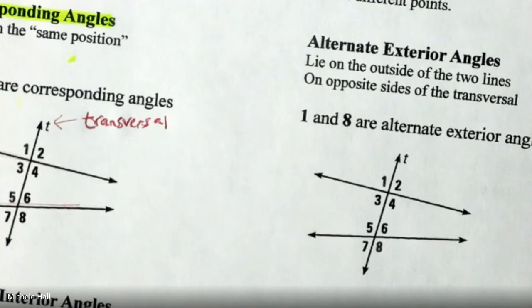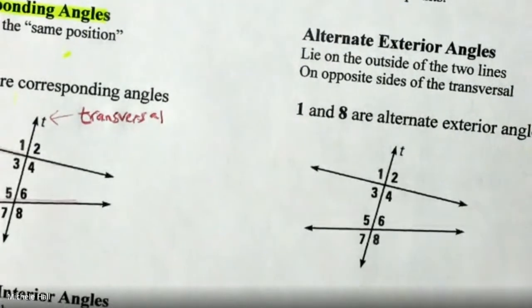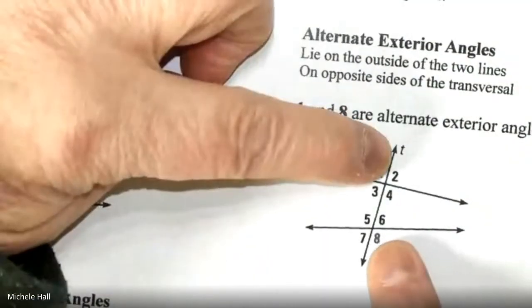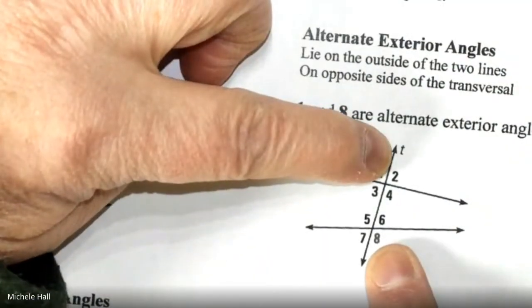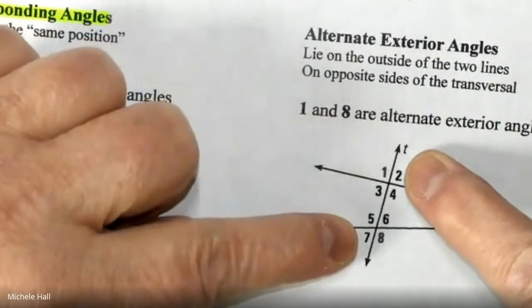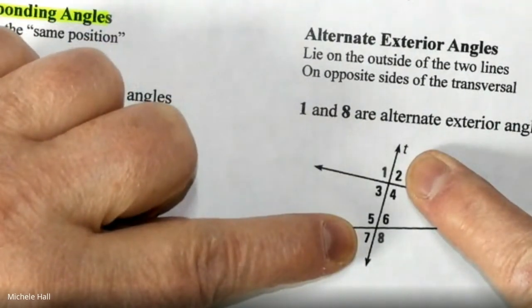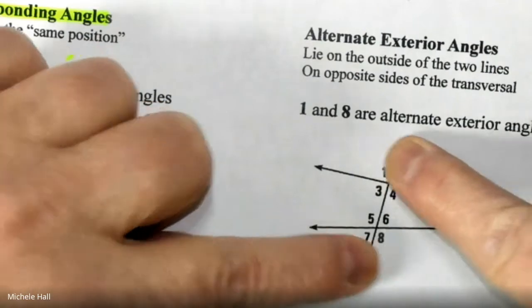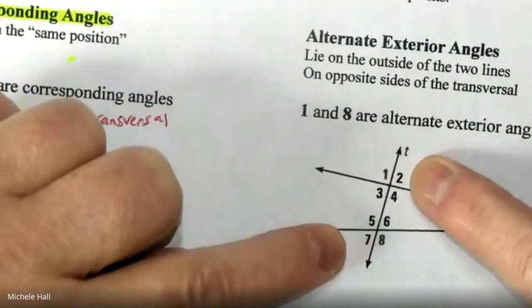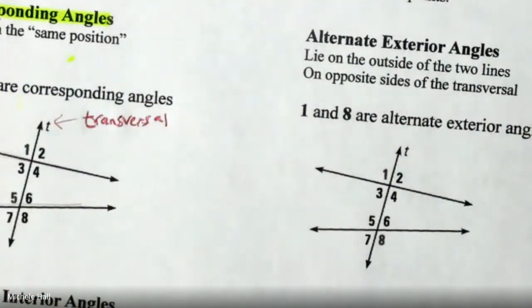How many alternate exterior angles will we have for this picture? 2. There's only two. We have 1 and 8 are on the outside and alternating, and then we have 2 and 7 are on the outside and alternating. That's it. You only have 2 sets that are on the outside. So you have 2 alternating exterior angles.